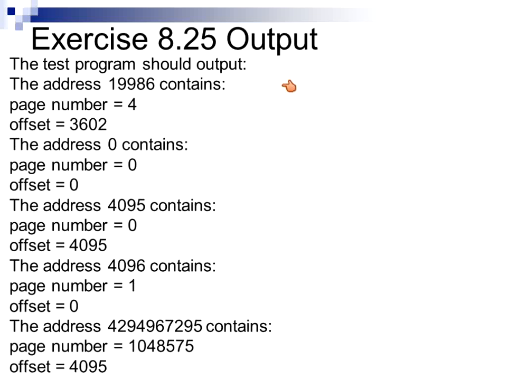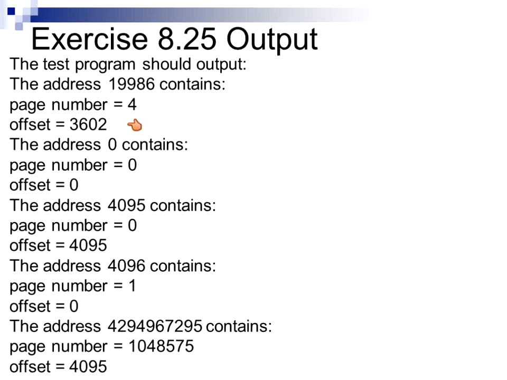I need to figure out the page number. Well, I know that memory is divided into 4K pages, so I took 19,986, divided it by 4,096, which is 4K, and I came up with a page number of 4 and an offset, or a remainder, of 3,602. Right? Does that make sense? Does everybody see how you can use division to work this problem?